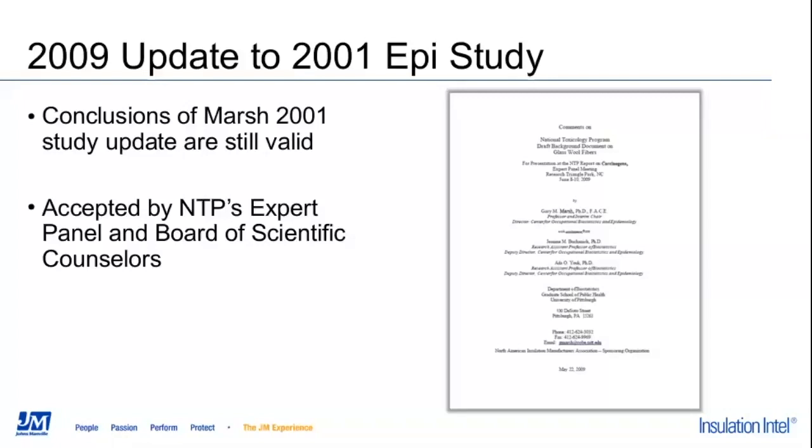Importantly, this was accepted by the National Toxicology Programs, both its expert panel as well as its Board of Scientific Counselors, and was very important in getting NTP to remove biosoluble glass from their list of carcinogens.